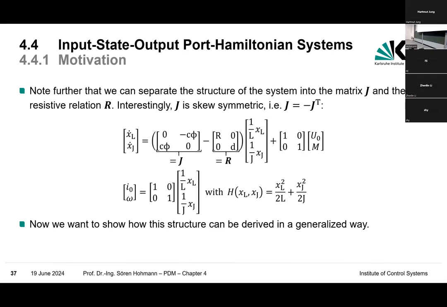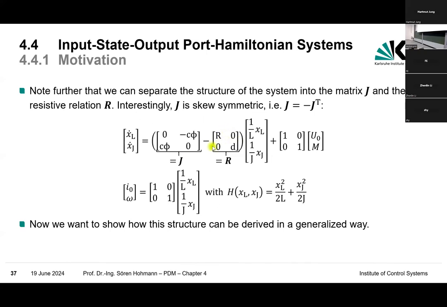If we transpose a matrix and build the negative of it, it's called skew-symmetric. It's a specific matrix form. And R is the interesting second fact.